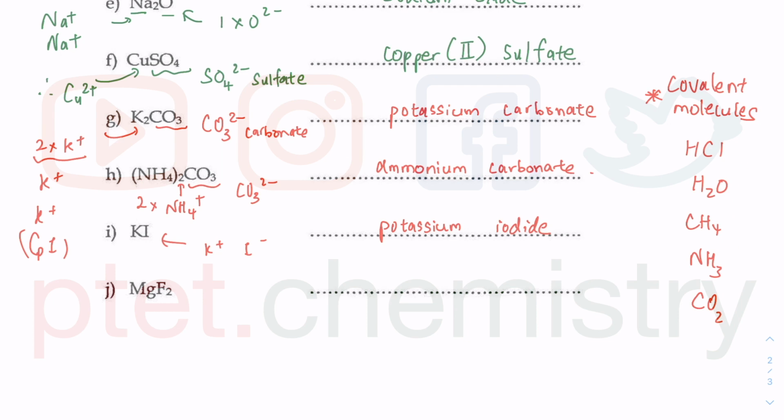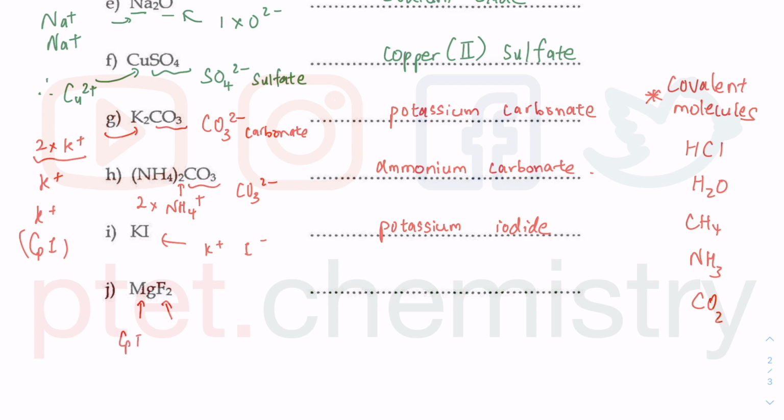Hydrogen chloride, or sometimes they call it hydrochloric acid when you dissolve hydrogen chloride in water. This is water, H2O. CH4 is methane. NH3 is ammonia. CO2 is carbon dioxide. These are molecules that have got nothing to do with ions at all. This is a metal and non-metal.